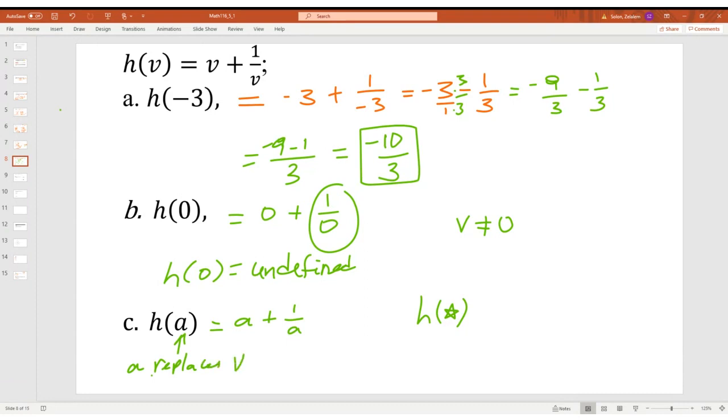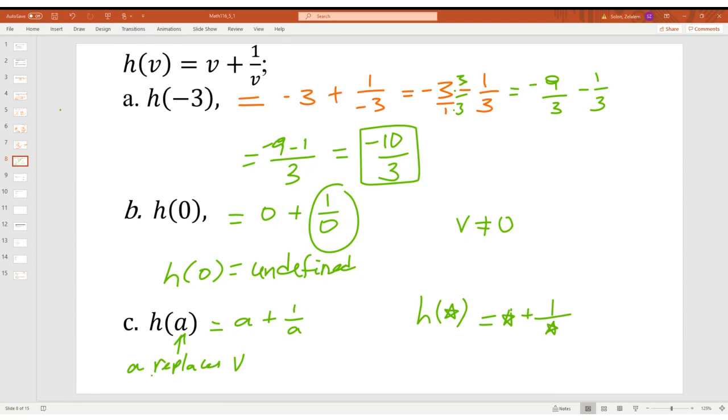Here the star will replace a. You have the star plus 1 over the star. Doesn't matter what symbol or what number you have inside, it will replace v.